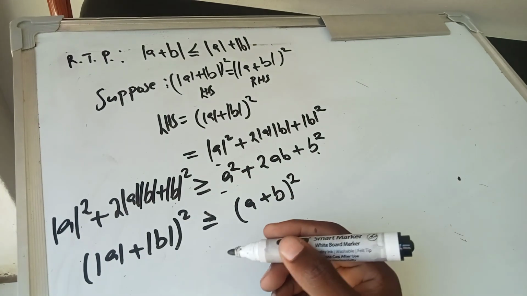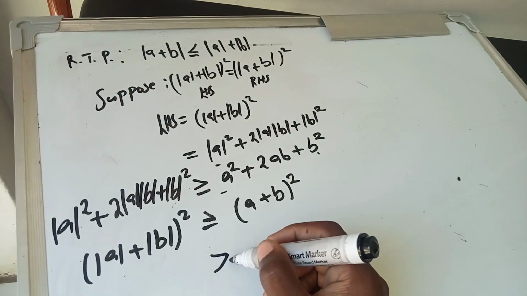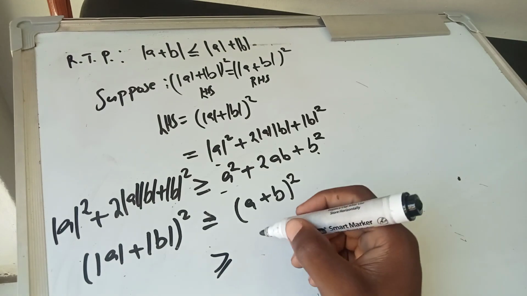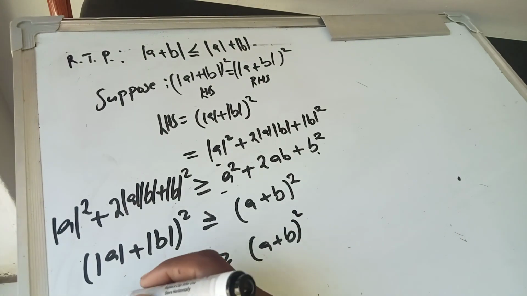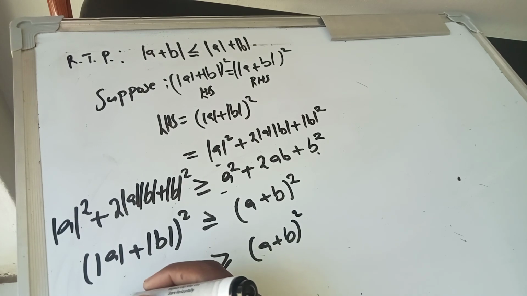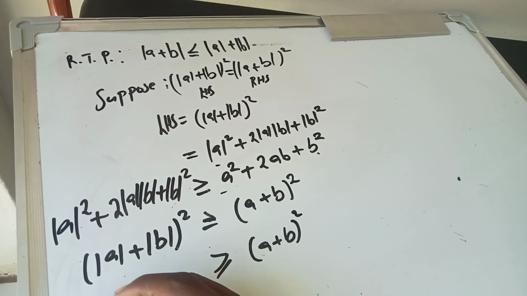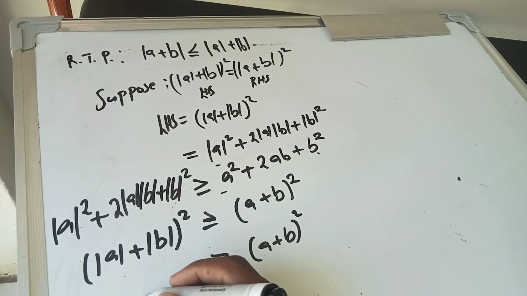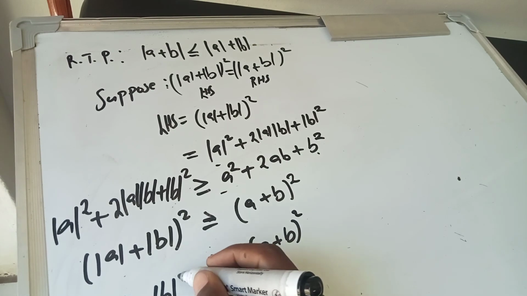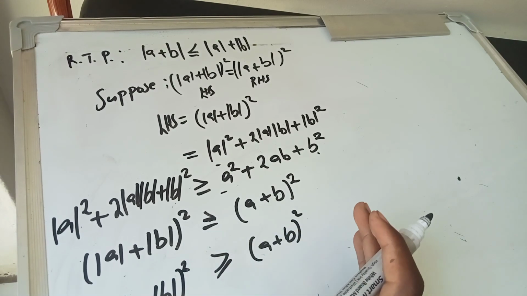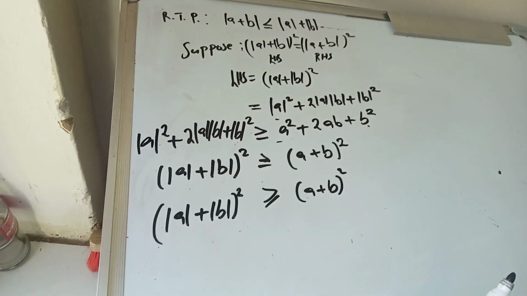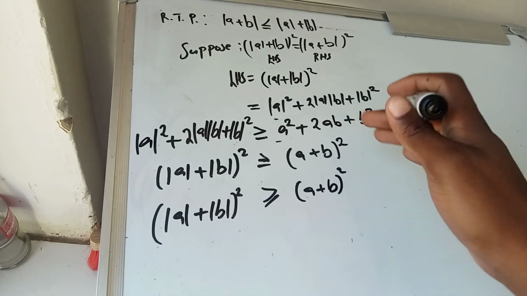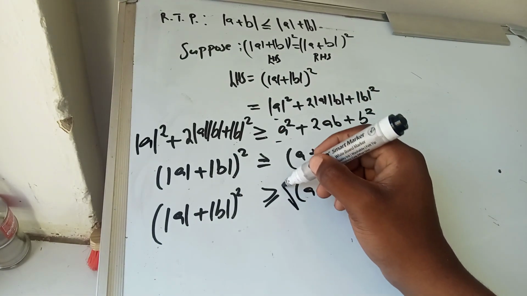Then now from this step, let me keep my sign. A plus b all squared is less or equal to the absolute value of a plus the absolute value of b all squared. From here now, allow me to square both sides so that I can get rid of those squares there.